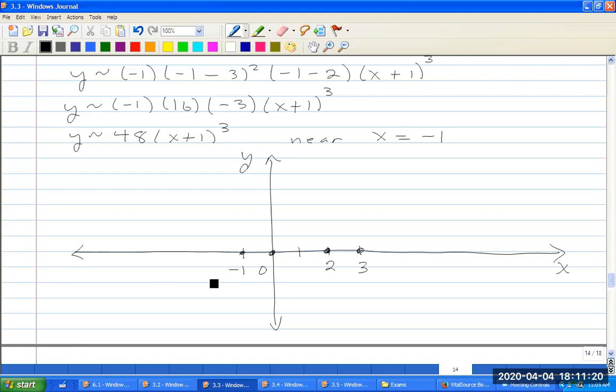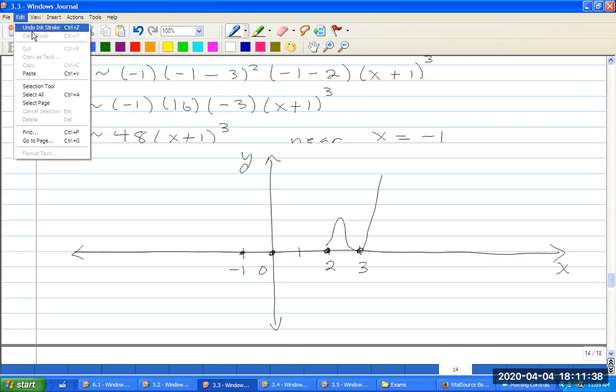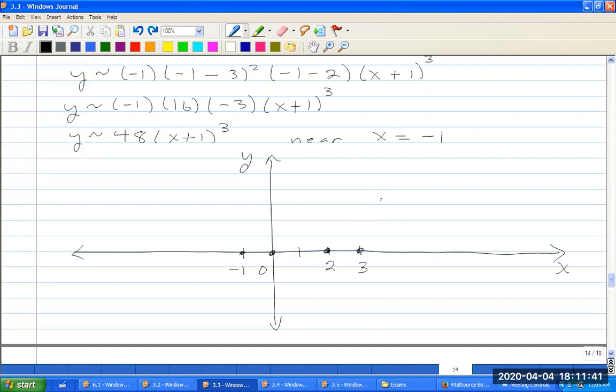Okay, so let's try to tie all that together. So it bounces, goes through like this. It goes up.